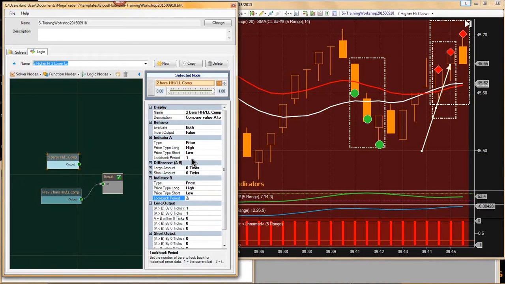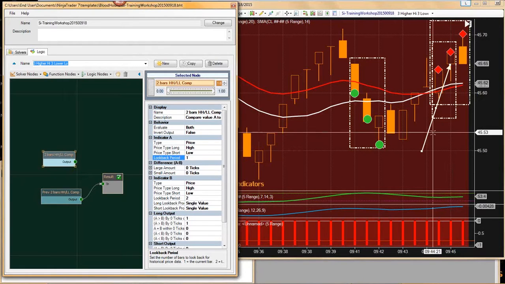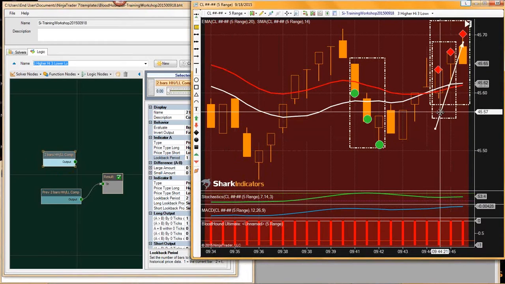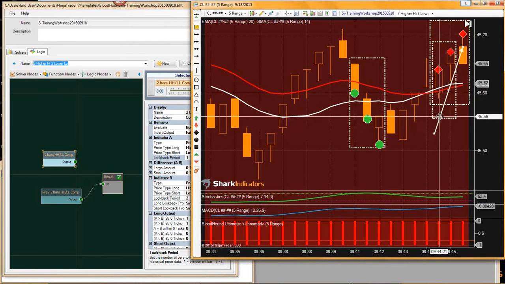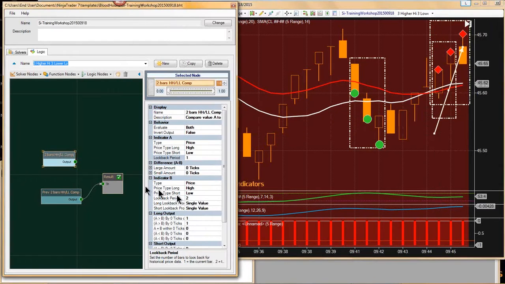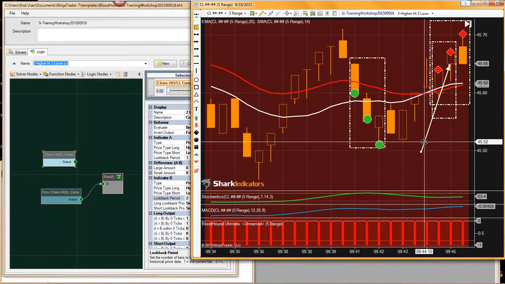So let me set this one back appropriately. All right, so let me kind of recap. So the first solver here, we have a look back period of 1. So it's looking at the most current bar here, right? So it's looking at the most recent bar here. And then down here, the look back period of 2 is looking back 1 bar.